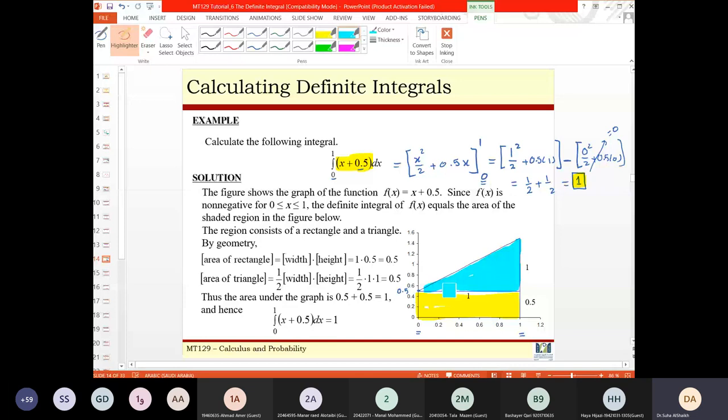Now the rectangle, what is its width? It's from 0 to 1, so 1.